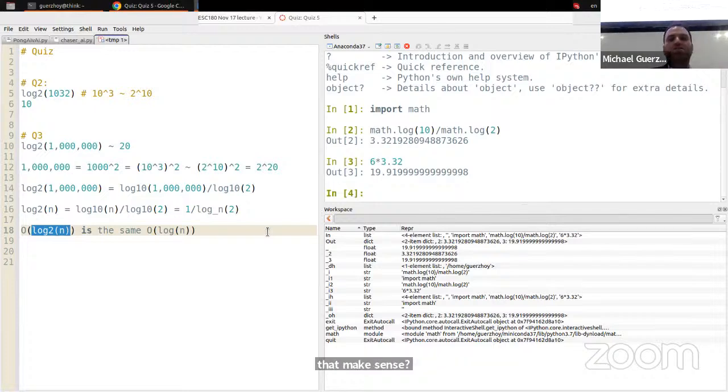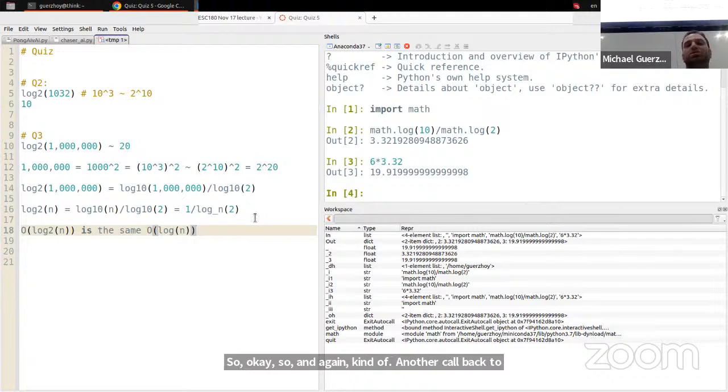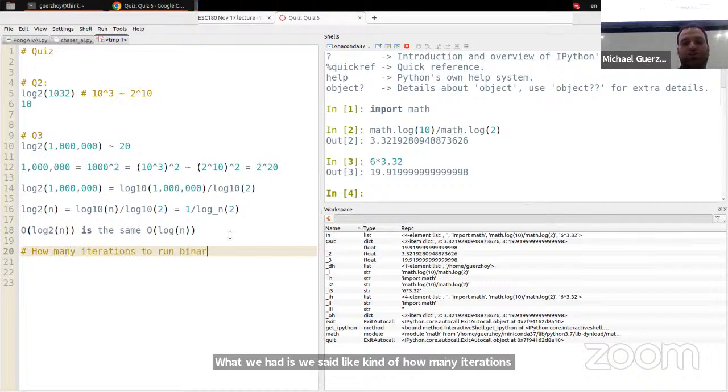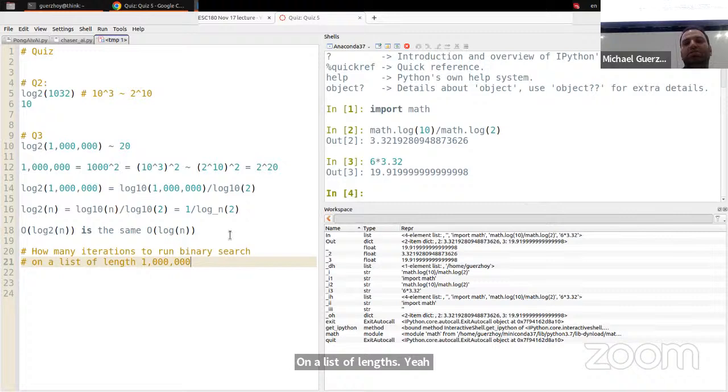So, and again, another callback to last time's lecture. What we had is we said, how many iterations to run binary search on a list of length 1 million? And the answer is, well, it was log 2 of 1 million approximately.